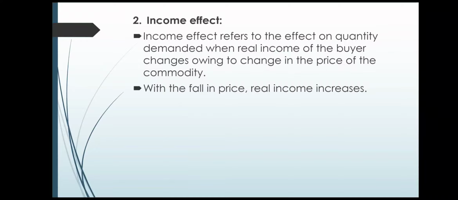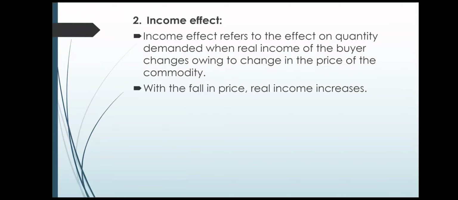So whenever there is a change in price of a commodity, there is also a change in purchasing power of an individual. If there is a fall in price of a commodity, the consumer will be able to purchase more amount of commodity with the same amount of money that he used to invest for that particular commodity.